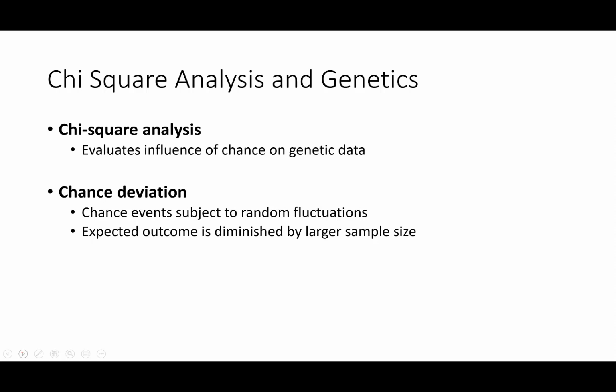Now, we could have chance deviation from expected. Why? Well, there's a chance event that subjects are going to have random fluctuations, or sometimes the expected outcome can be diminished. It is diminished if we have a really large sample size. So the larger the sample size, the more that chance gets diminished.